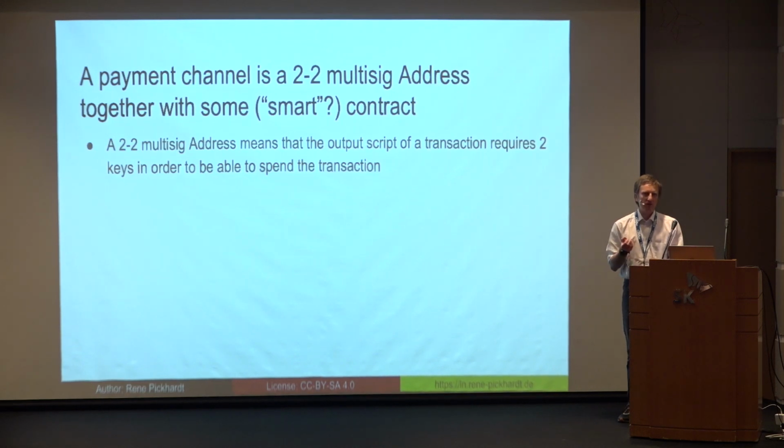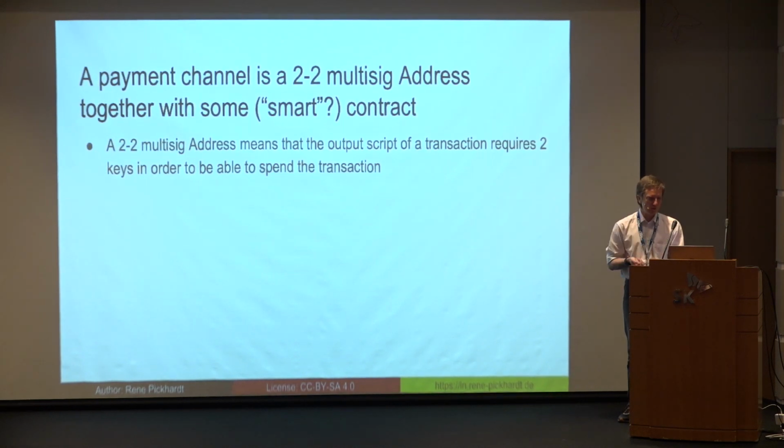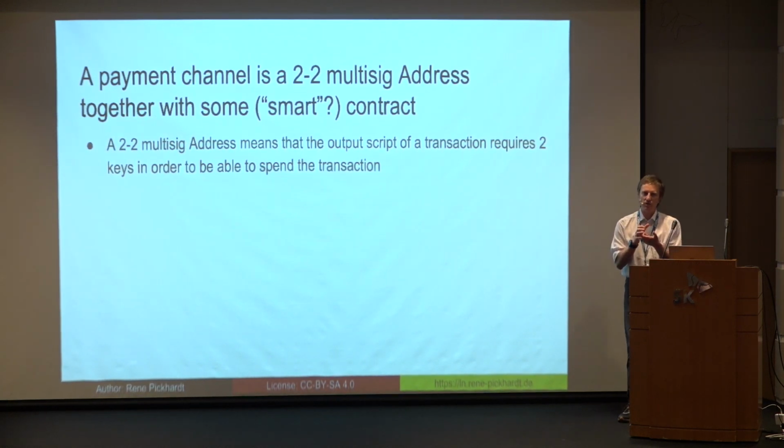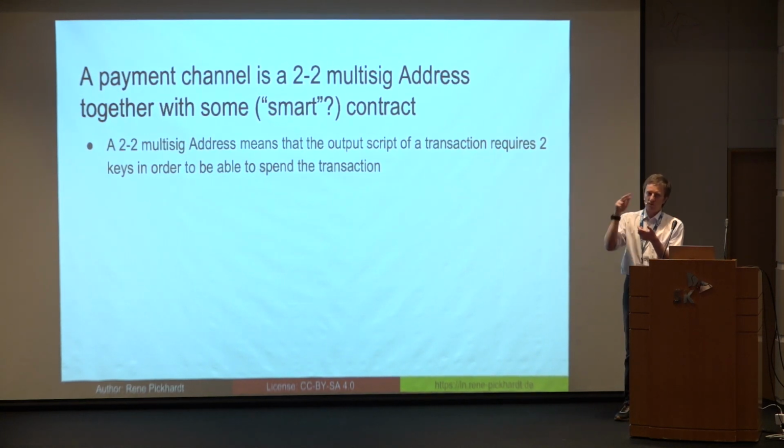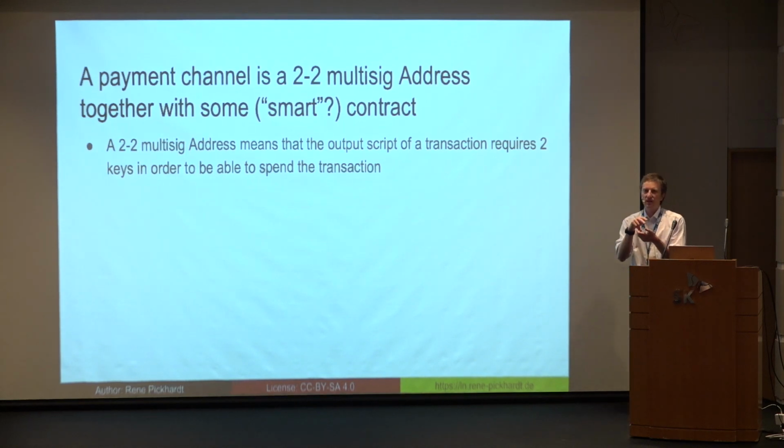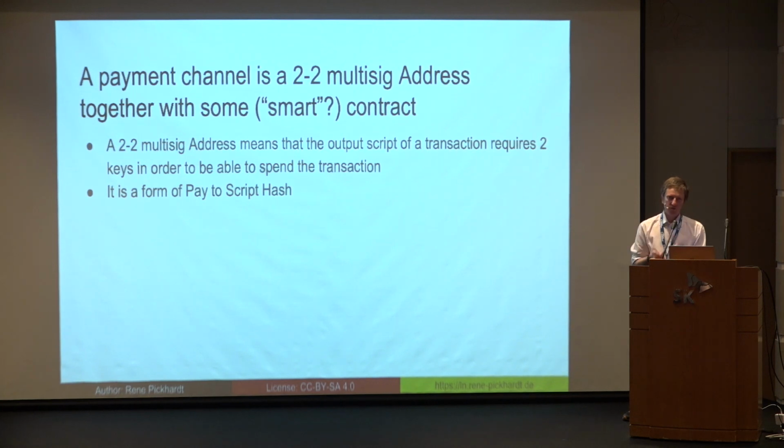It's not really a contract per se, it's a script, and it basically is a transaction which requires 2 signatures to be valid. So if we want to spend it, if we want the funds to actually go somewhere, the 2 participating stakeholders have to sign the same transaction. They have to provide a signature which unlocks the funds. So it is a form of pay-to-script hash that has existed for a long time in the Bitcoin blockchain.